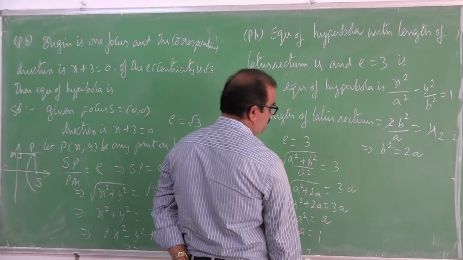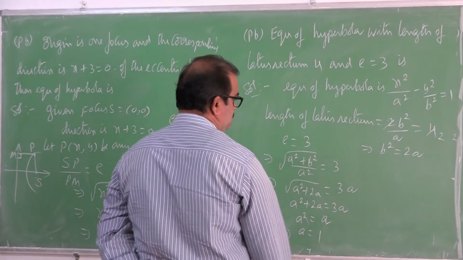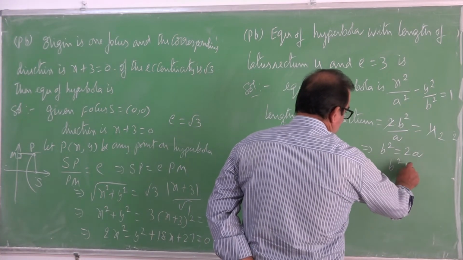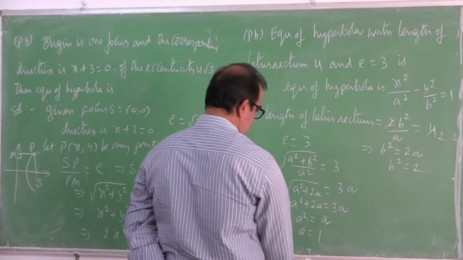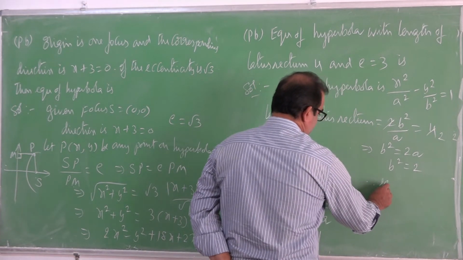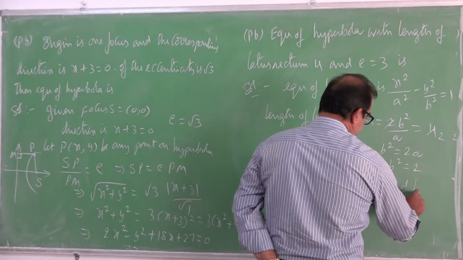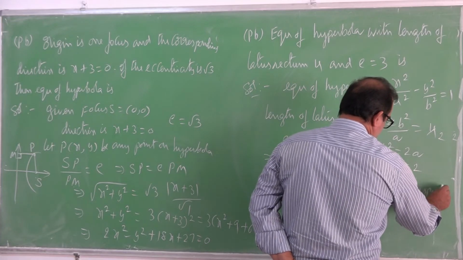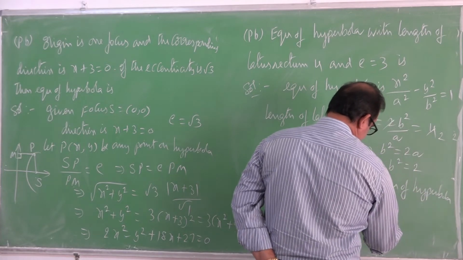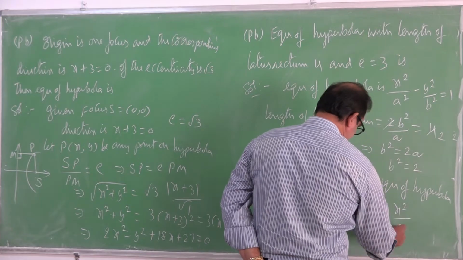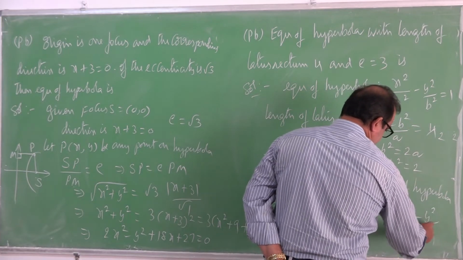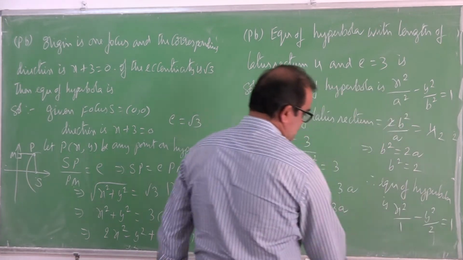If a is equal to 1, then what is the b value? b squared is equal to 2a, that is 2. Therefore, the equation of the hyperbola is x squared by 1 minus y squared by 2 is equal to 1.